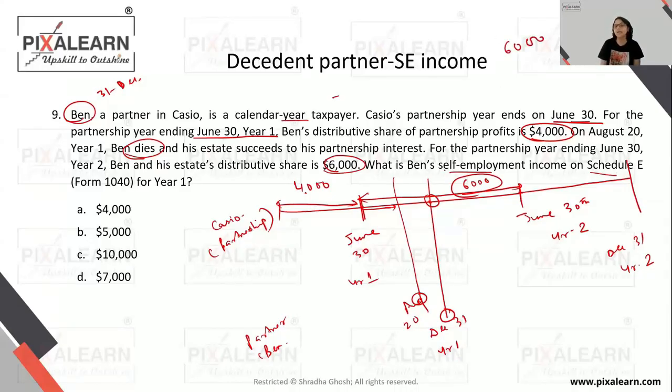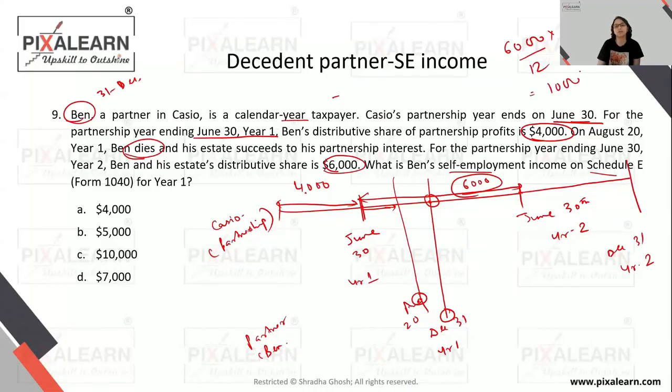So in the final income tax return, the money that will be subject to self-employment taxes can only be the money earned by Ben when he was alive. But we don't do it to the date of death, we do it to the month of death. So of the 6,000 earned over 12 months, you take 2 months, which is July and August, because this guy died in August.